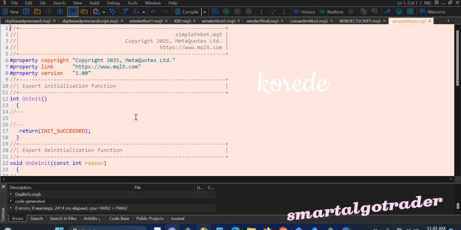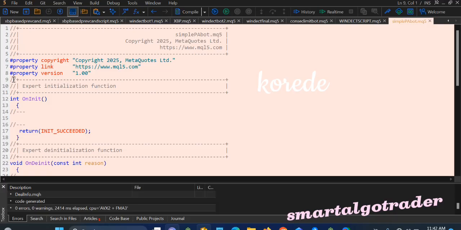Let me leave this comment off. Okay, let me just explain some things. There are things we call comments. If you are new to coding, if you have been coding before, you know that there are some lines of code that are deactivated, like they don't have any meaning in the code.